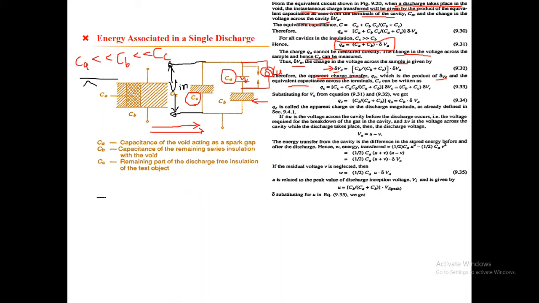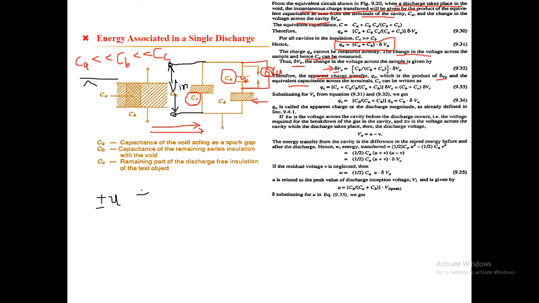So suppose we are assuming plus or minus U as the voltage across the cavity just before the discharge occurs, that is, the voltage required for the breakdown of the gas in the cavity, and plus or minus V is the voltage across the cavity while the discharge is taking place.